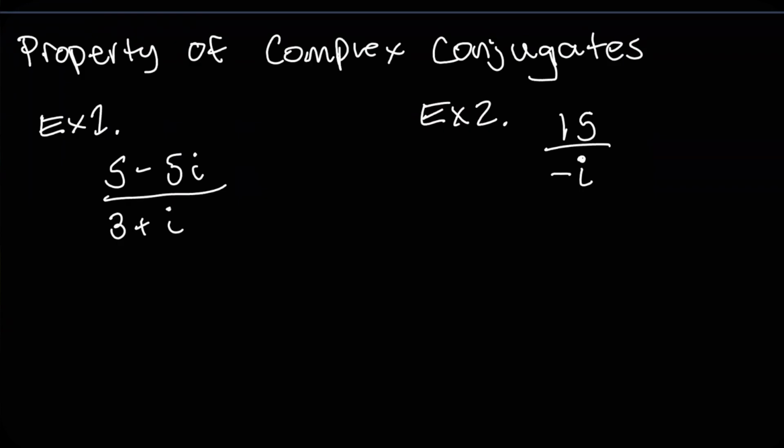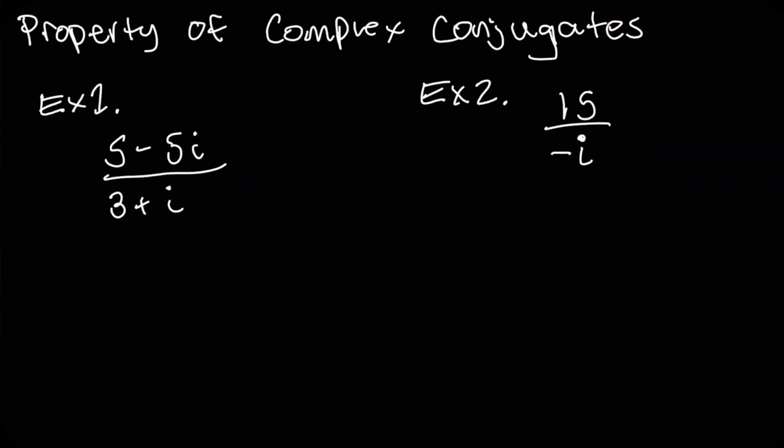Okay, let's take a look at the property of complex conjugates. So let's just go through some examples here. We have 5 minus 5i divided by 3 plus i. We want to try to simplify this as much as we can. So in order to get the 3 plus i out of the bottom, let's multiply by 3 minus i.